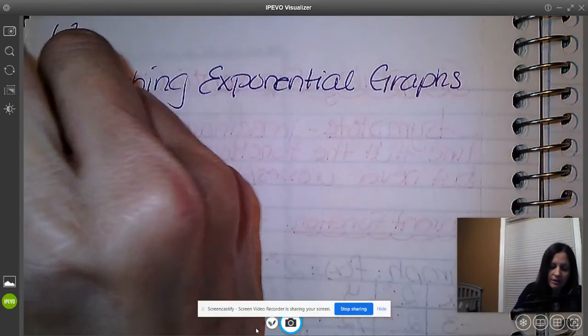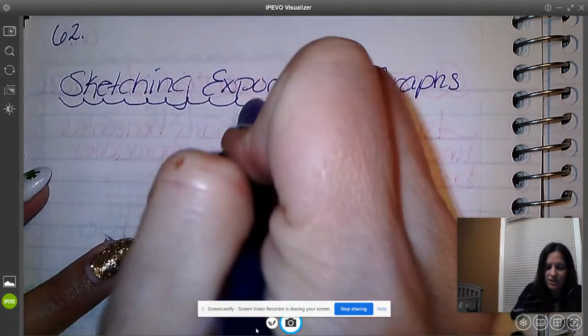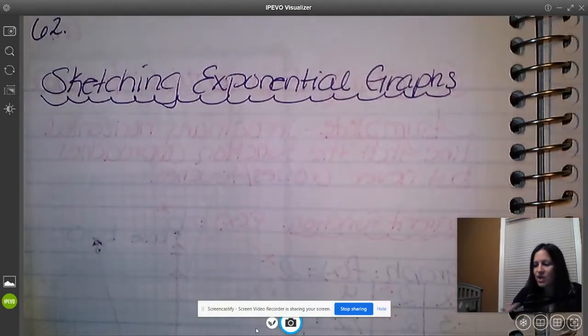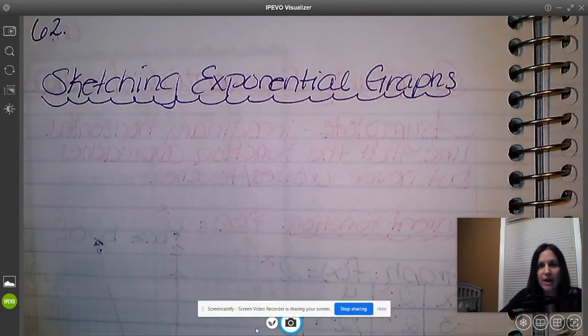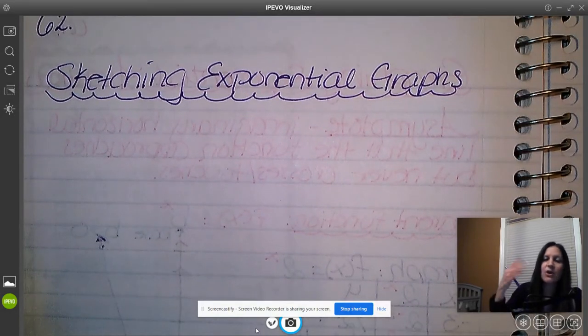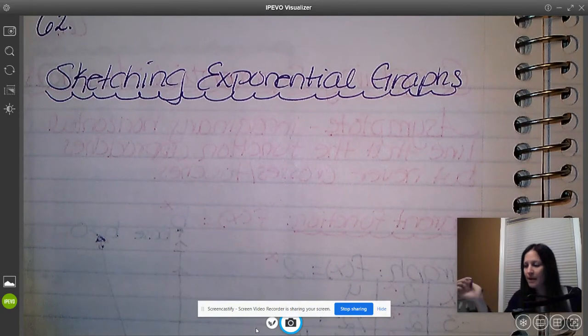So the first thing we really need to talk about is the general form for an exponential function. As you know, f of x and y are interchangeable, so sometimes I'll be using f of x and sometimes I'll be using y.